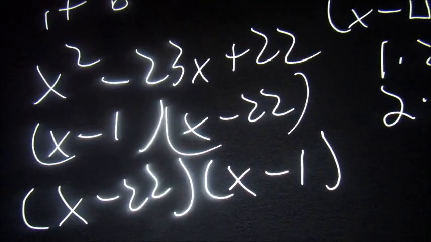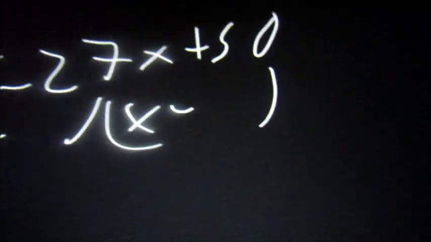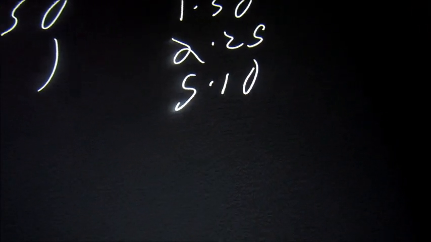Alright, so let's do another one here. Let's say we have x squared minus 27x plus 50. We know that we have a minus and then a plus, so we're going to have x minus and x minus. Our choices for 50 are 1 times 50, 2 times 25, 3 won't work, 4 won't work, but 5 times 10, 6, 7, 8, and 9, none of those will work.